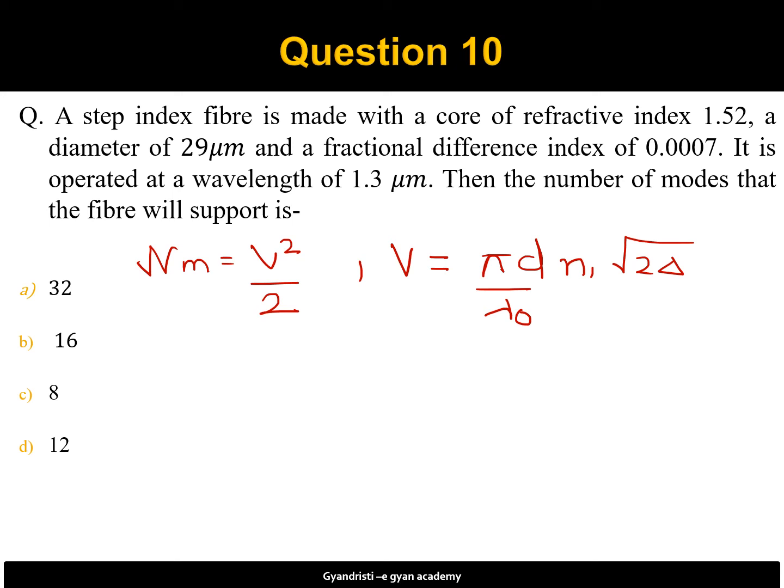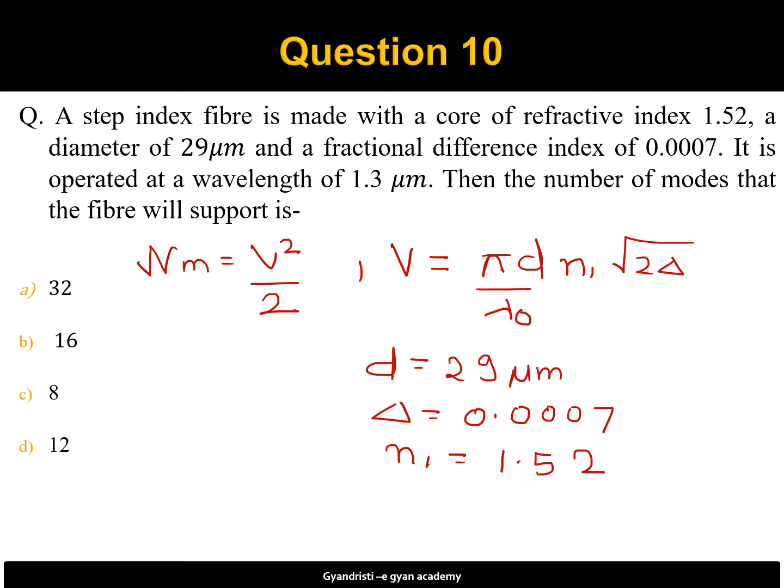So in this question, it is given that D is equal to 29 micrometer, and delta is also given, it is 0.0007. N1 is also given, it is 1.52. Lambda 0 is also given, it is 1.3 micrometer.